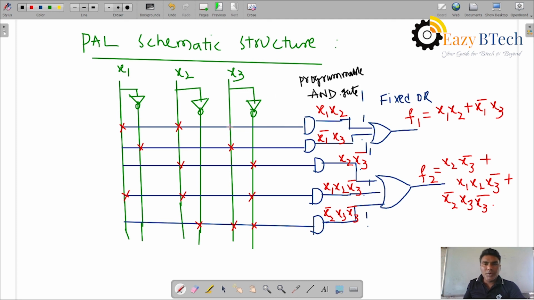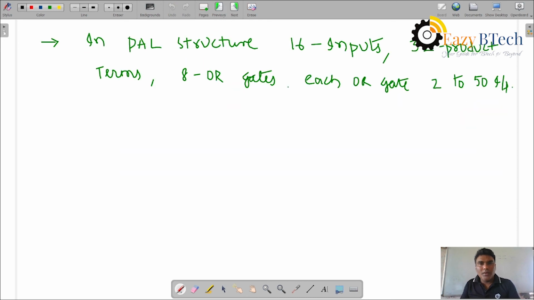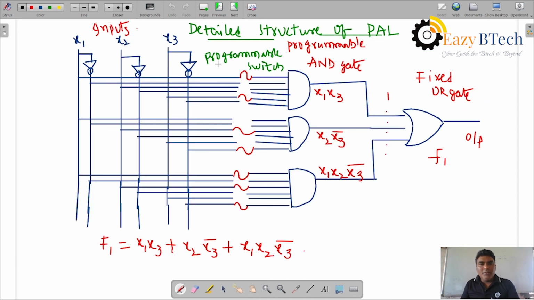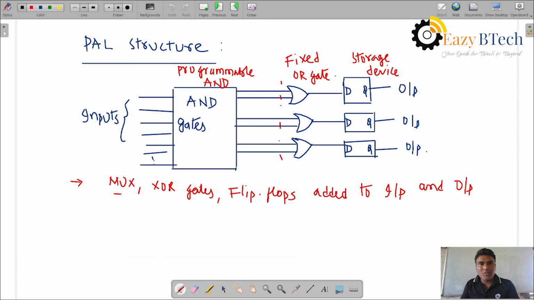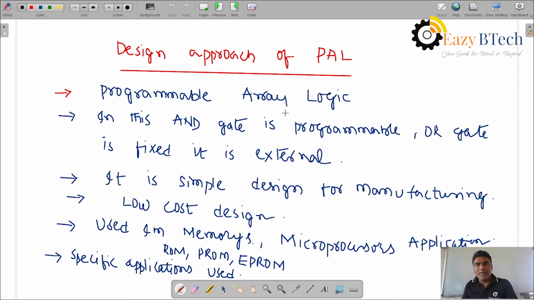So we can also draw the schematic structure of this: inputs and outputs. The OR gates give the outputs, two functions F1 and F2, along with the gates. It will be asked in the examination, so you can explain all this, and you can also explain in detailed information. So this is a programmable AND and fixed OR.